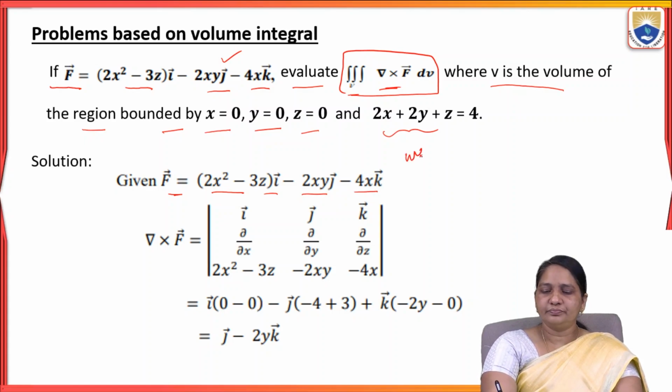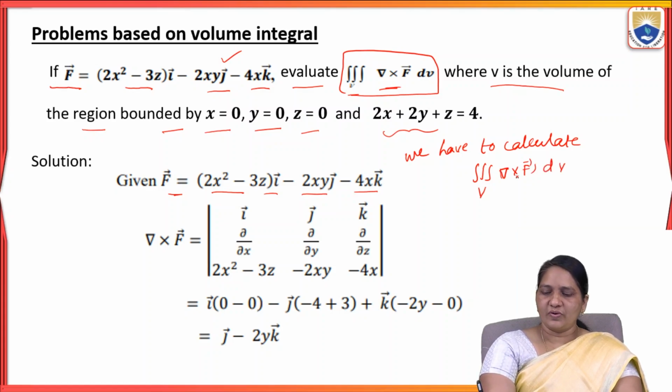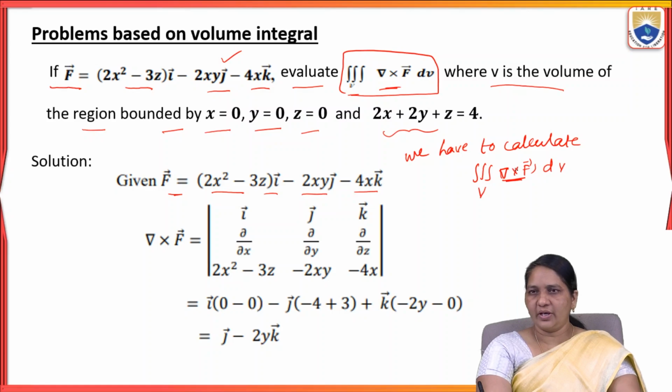We have to calculate the triple integral over V of del cross f dv. So first we have to calculate the del cross f value, and after that we can integrate the function.